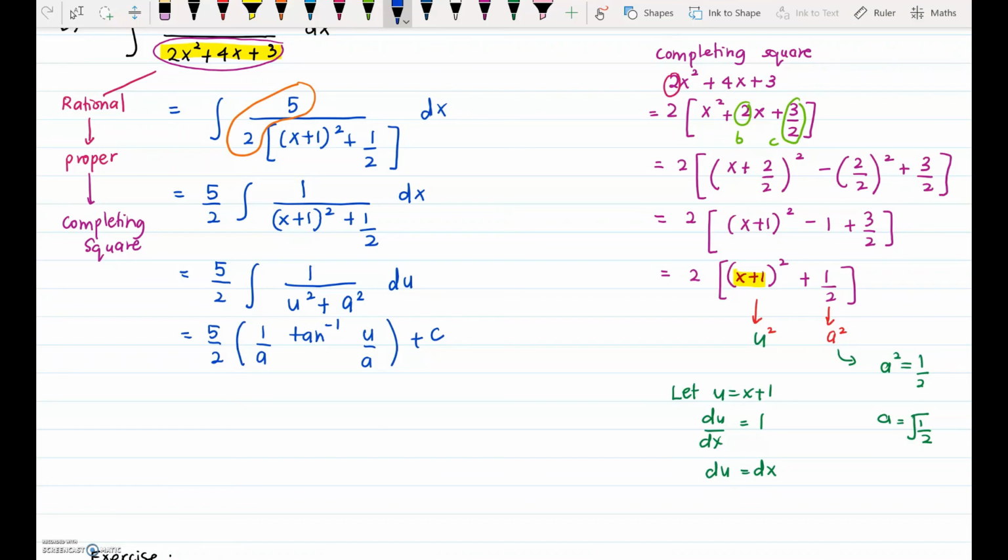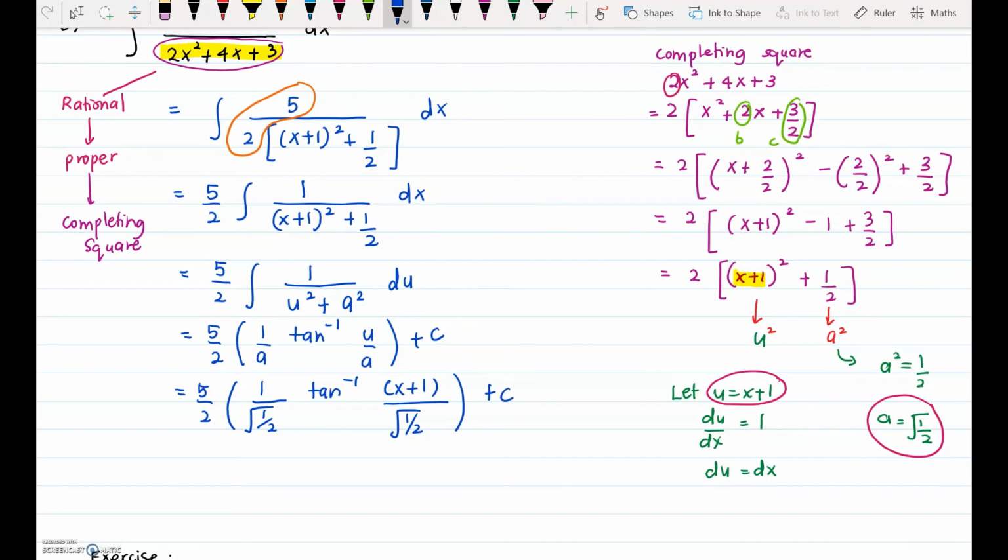So you can just write it in the form of u and a, then substitute all your u and a here. You have u is this and a is this. So your final answer will be 5 over 2 times 1 over square root of 1 over 2, tangent inverse of x plus 1 over square root of 1 over 2, and then plus c. So this is your final answer.